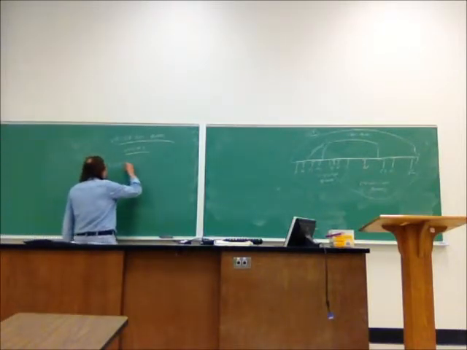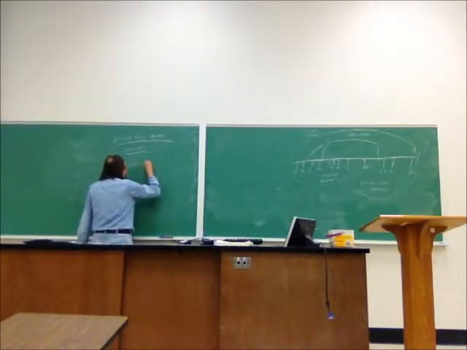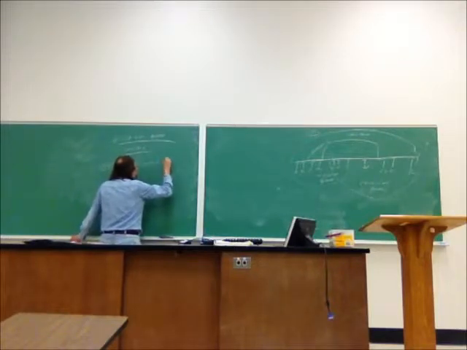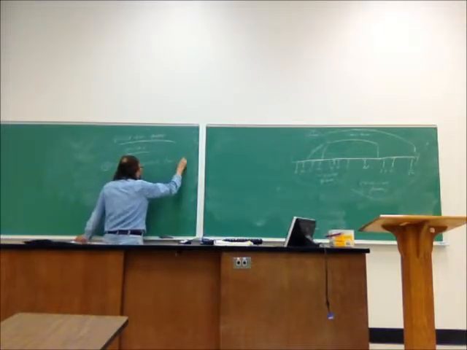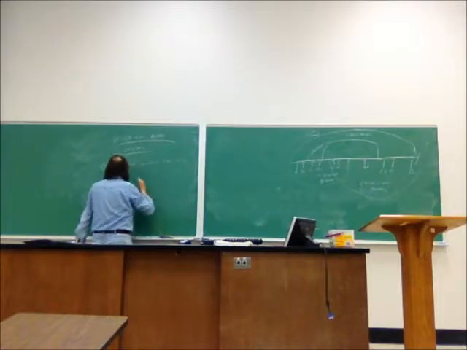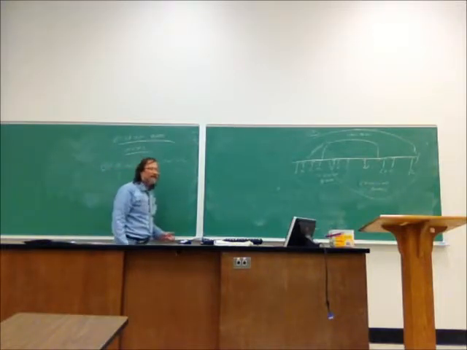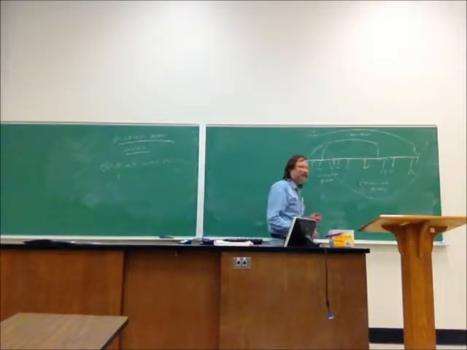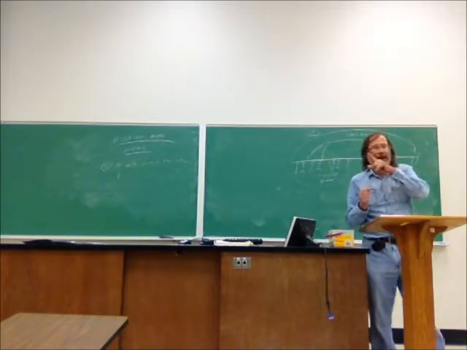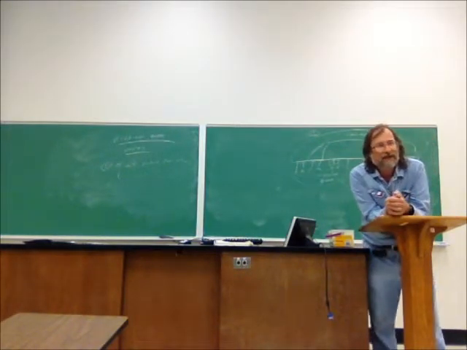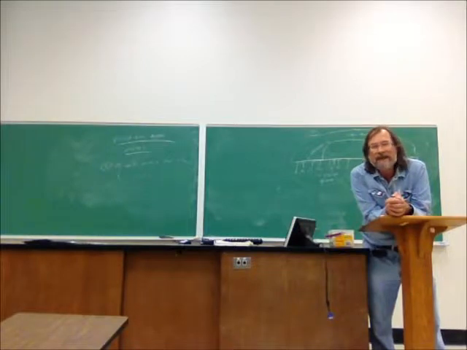So, hydrogen with partial positive charge. Now, how do you get a partial positive charge on hydrogens? You have to covalently bond it to something like fluorine, like oxygen, like nitrogen, but not like carbon.